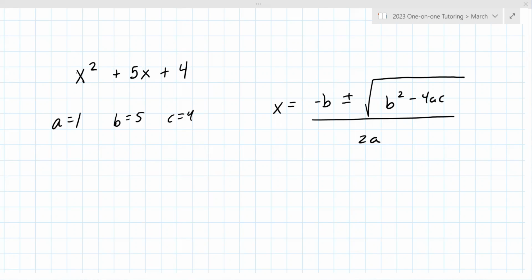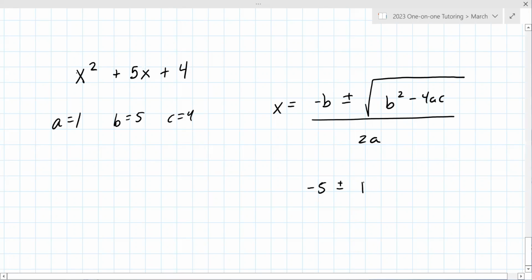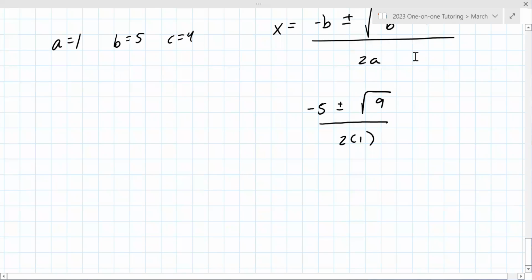It is 9. So this is -5 plus or minus the square root of 9 over 2 times 1. That part under the square root, I can't emphasize enough, is where most of your mistakes will be, if you're the typical student.